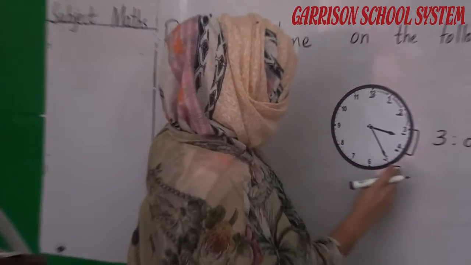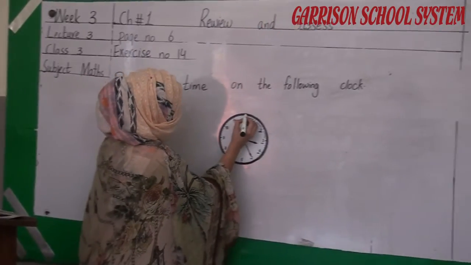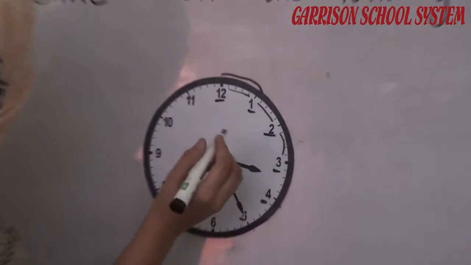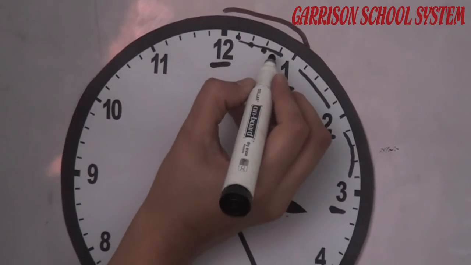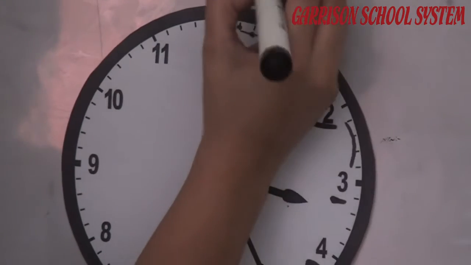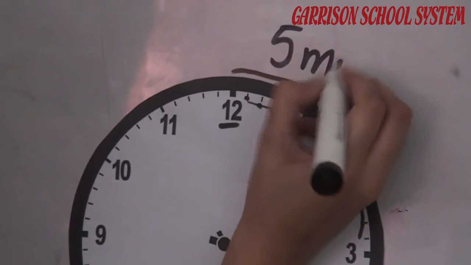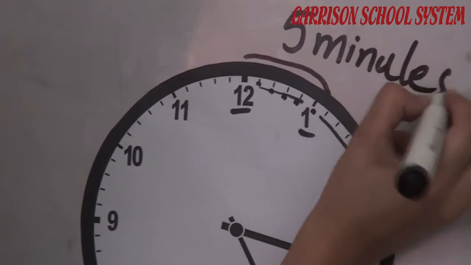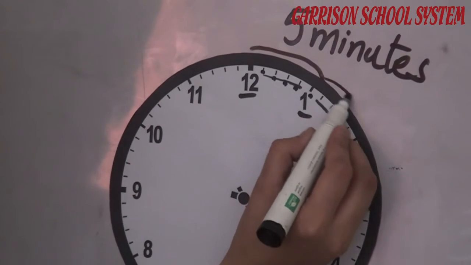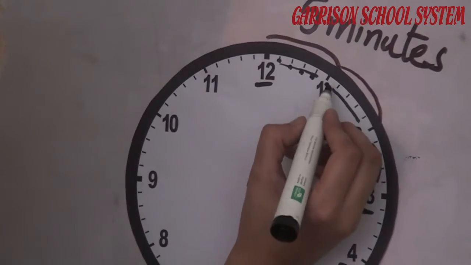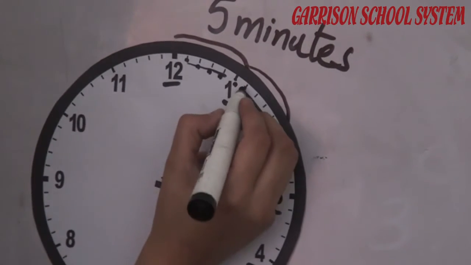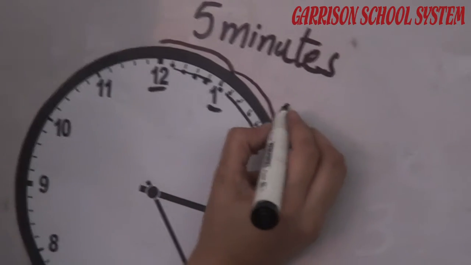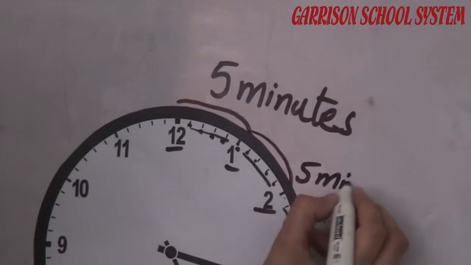So you can see between 12 and 1, how many minutes are here? 1, 2, 3, 4, 5. 5 minutes are here. Now between 1 and 2, how many minutes are here? 1, 2, 3, 4, 5. Again 5 minutes.